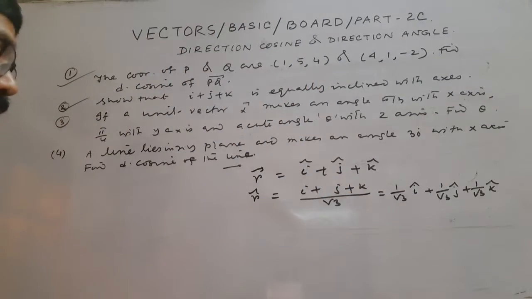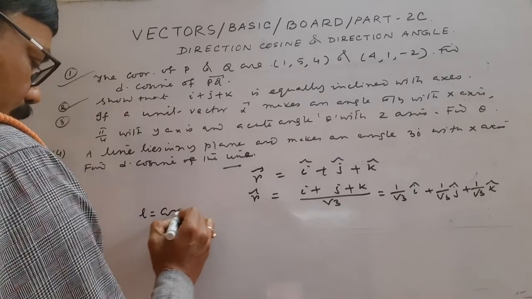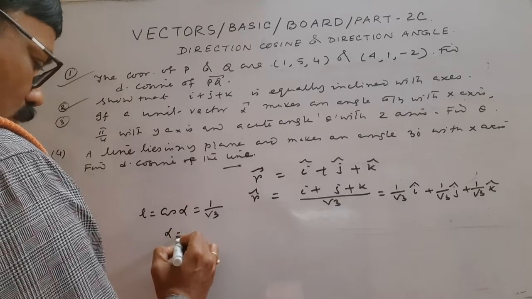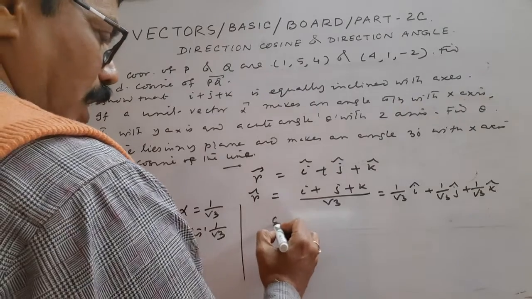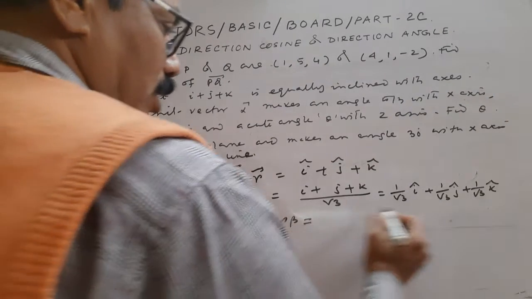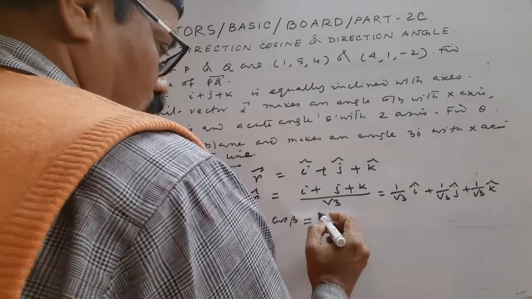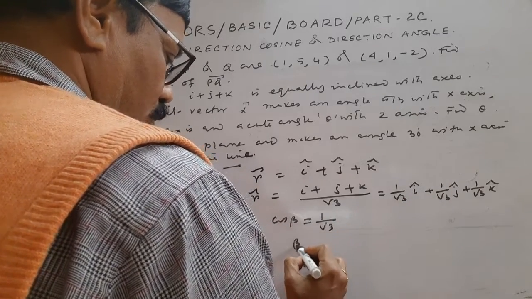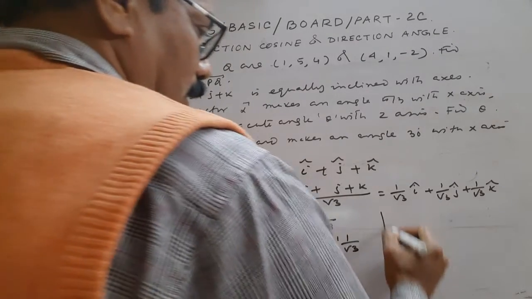And you know, the angle made by the x-axis, this is cos alpha, equals 1 by root 3. So alpha equals cos inverse 1 by root 3. The angle made with the y-axis is beta. So cos beta equals the D ratio, this is m. So beta equals cos inverse 1 by root 3.